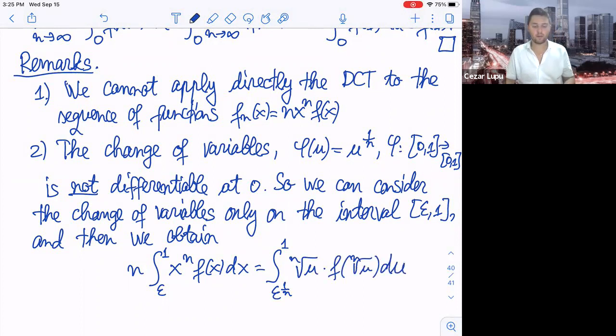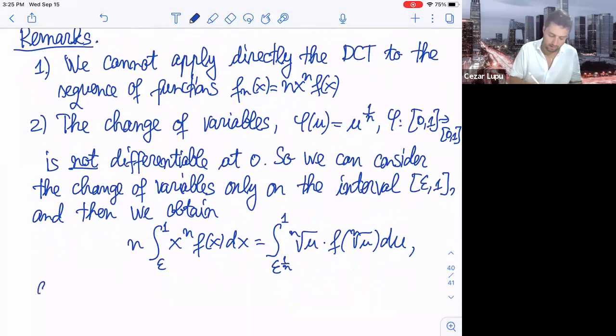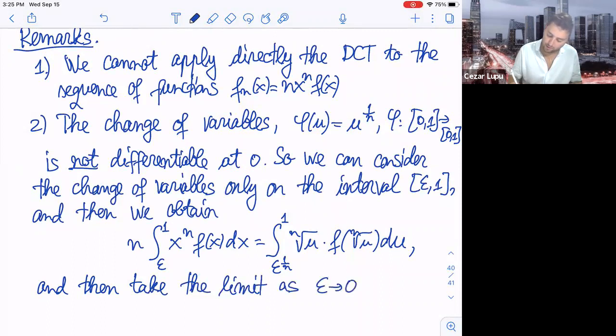Then we can take the limit as epsilon approaches 0 from the right. Of course, if we want to be very precise, just like I said, we can do this kind of justification.